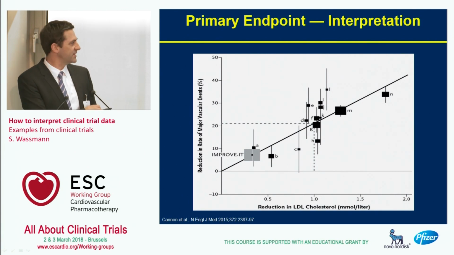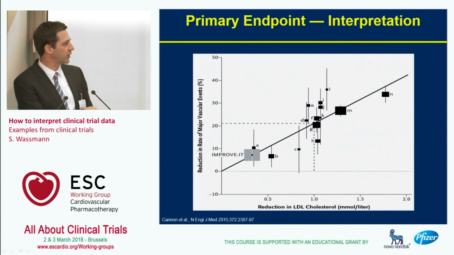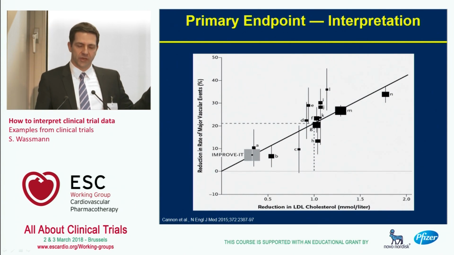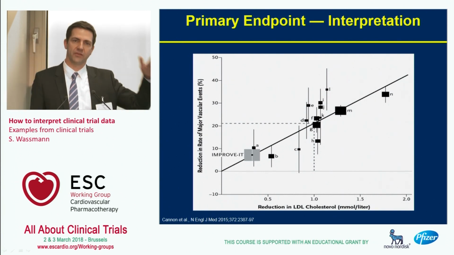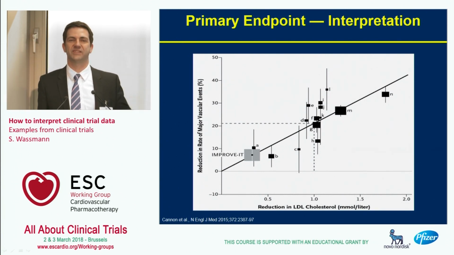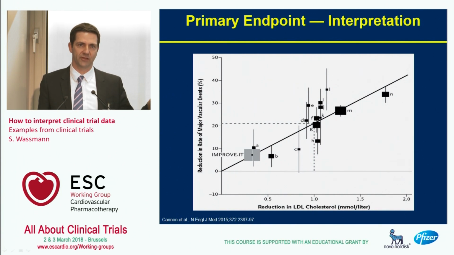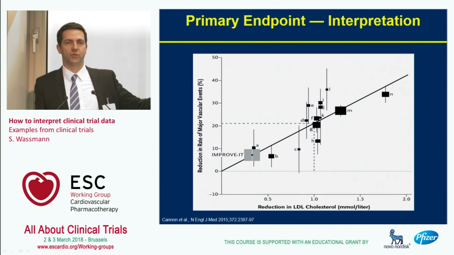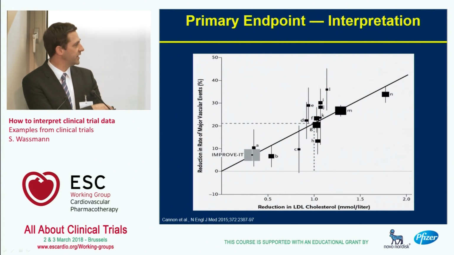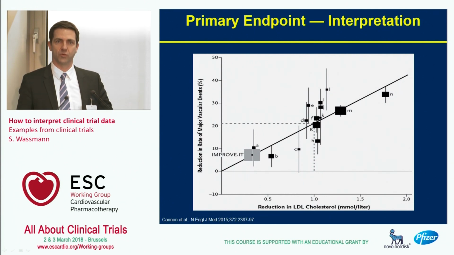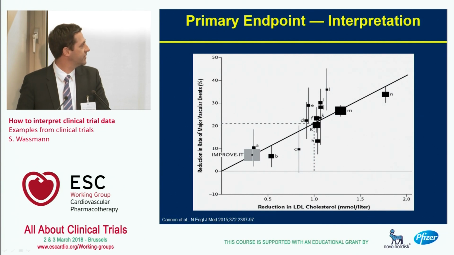This was very nicely done, I think, when you look at these regression curves investigating the reduction in LDL cholesterol and the reduction in event rates that we have in the different lipid trials. You can see here it's perfectly on this line. So for the 17 milligrams per deciliter LDL cholesterol reduction, the number of events reduced were perfectly on this line that we thought we could achieve.